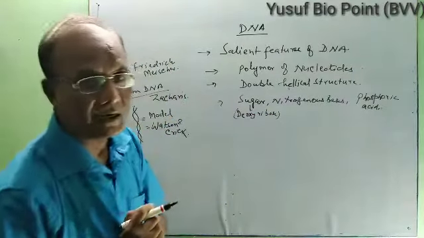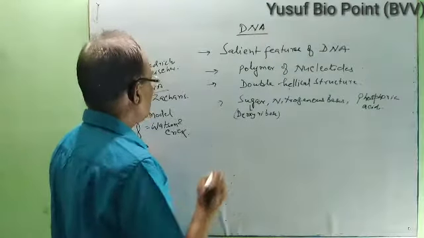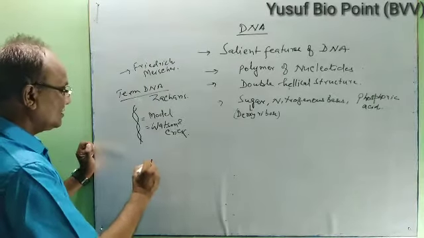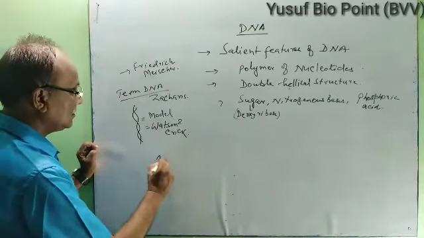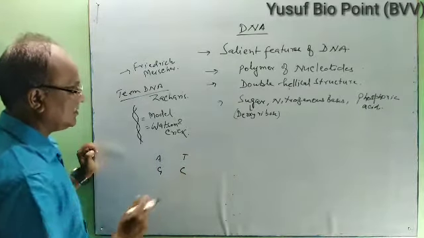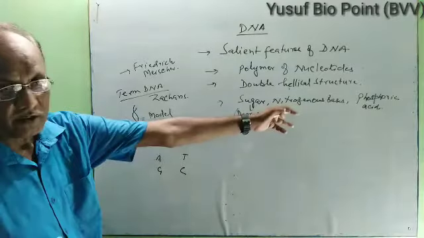a 5C compound, deoxyribose. Then we have already studied the adenine, thymine, guanine, cytosine, these are the nitrogenous bases.